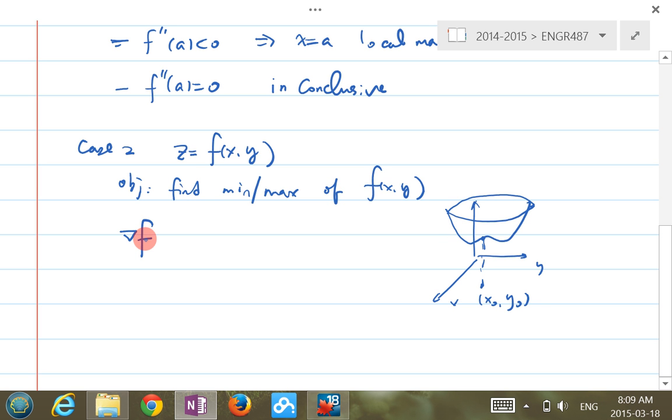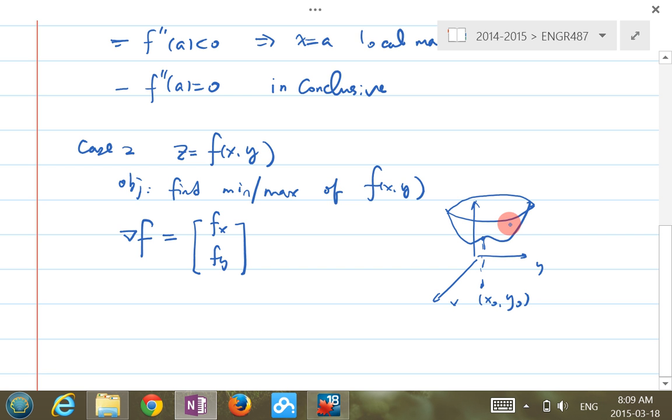The gradient is a vector. In this course, we will always use a column vector here. It's the partial derivative of f over x and the partial derivative of f over y. It's a vector pointing in the direction of the greatest increase of this function z.